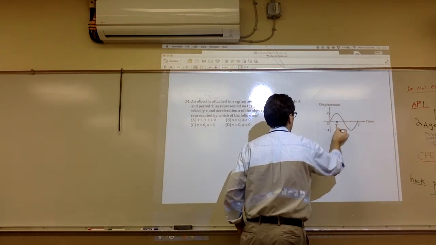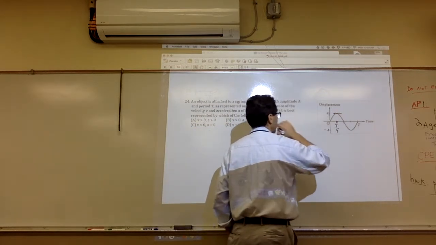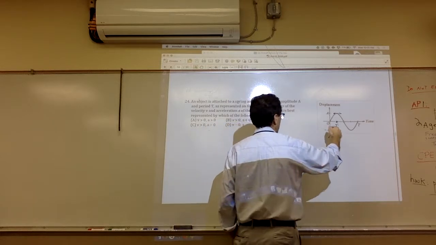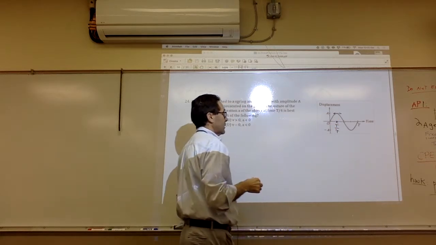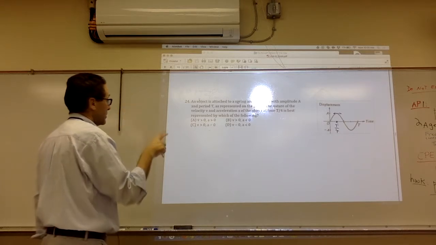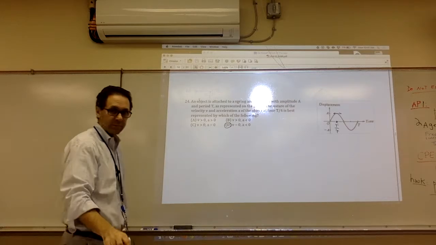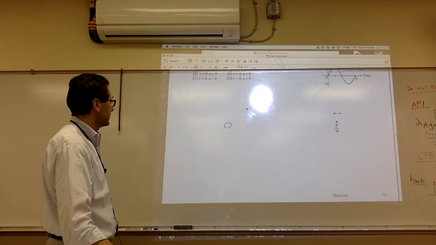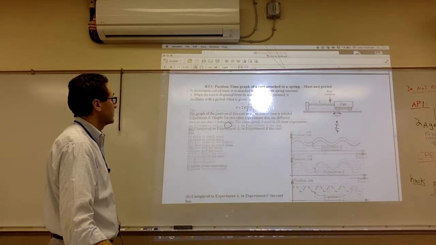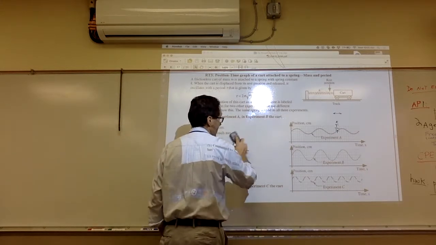So this is T over 4. At that moment, your velocity is 0 because the slope there is 0. And the acceleration has to be negative because we learned that the graphs of displacement-time and acceleration-time are flipped. Right, so we have to be here at D. Okay. All right, let's look at this RT3.